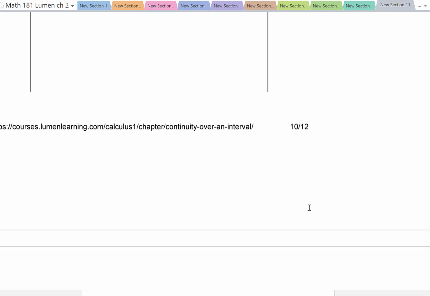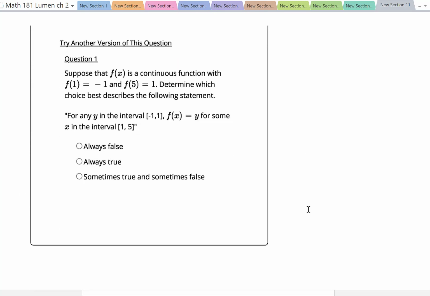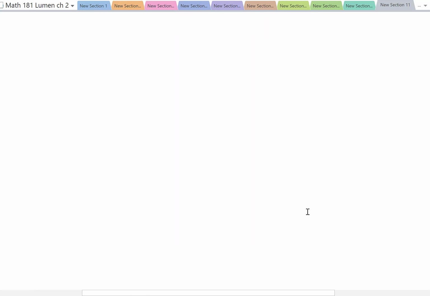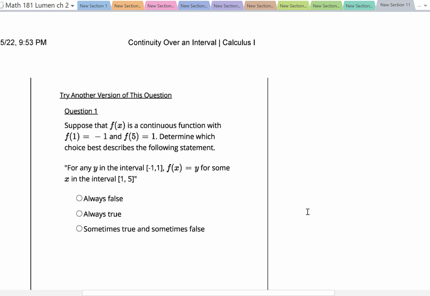Okay, now we're on to what I think is the last one. Suppose that f of x is a continuous function with f of 1 equals negative 1, f of 5 equals 1. Determine which of the choices is the best statement for any y in the interval from negative 1 to 1. And so they're telling us it's continuous.